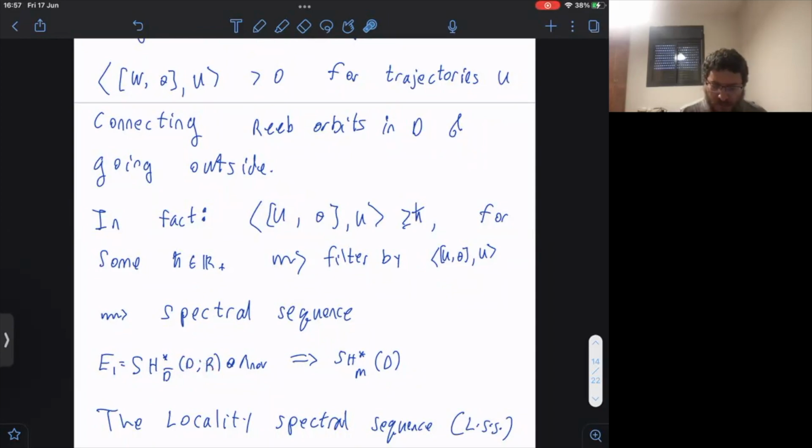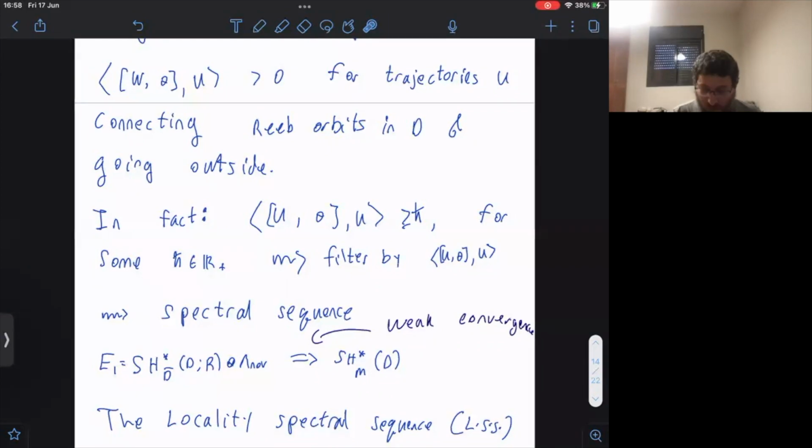And this thing will weakly converge to the thing we care about. Okay? Now this is a general statement. There is some work in making it rigorous, but still it's not a very strong statement.